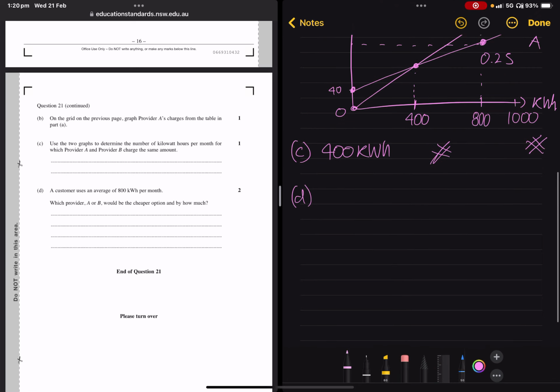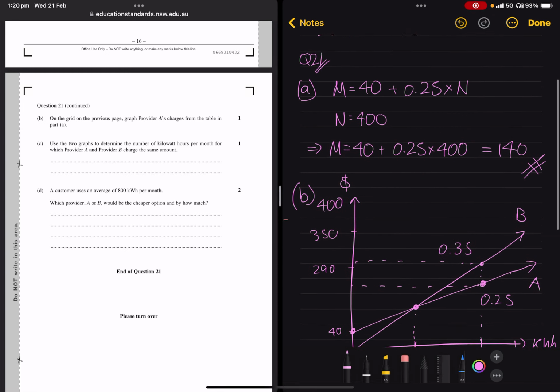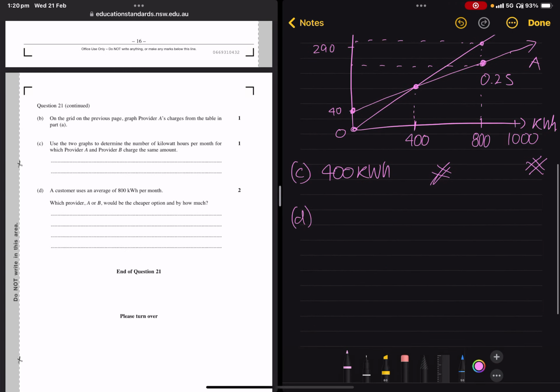And if we use our formulas to calculate our exact numbers, for provider A, which we called M, M was 40 plus 0.25 times 800. Well, this is 40 plus 200. This is 240. This is in dollars. And then K, which we might call the cost for provider B, is 0.35 times the number of kilowatt hours, which is 800.